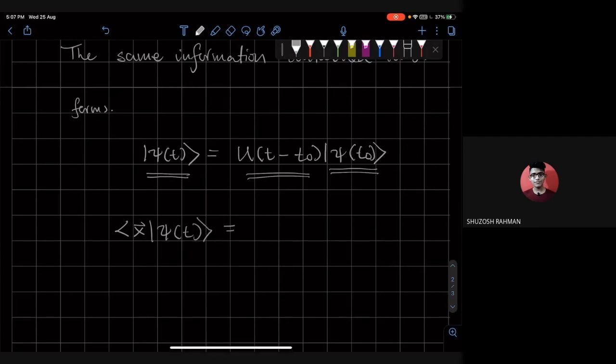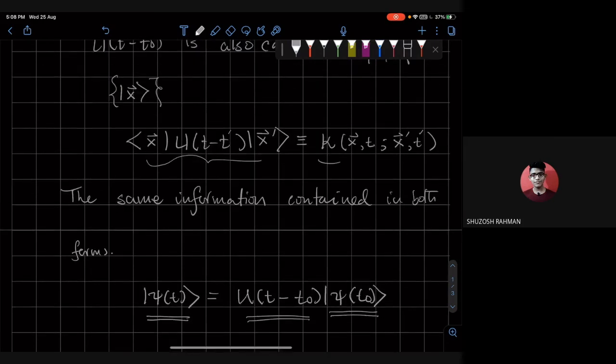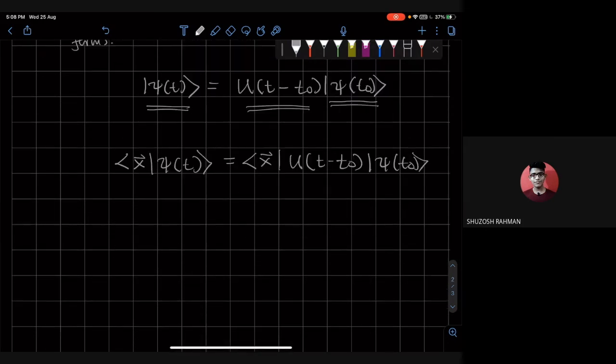So if I look at it in the position basis, then I have on this side x U(t minus t naught) psi of t0. To get this on the right-hand side, what do we have to do? Can someone tell me?